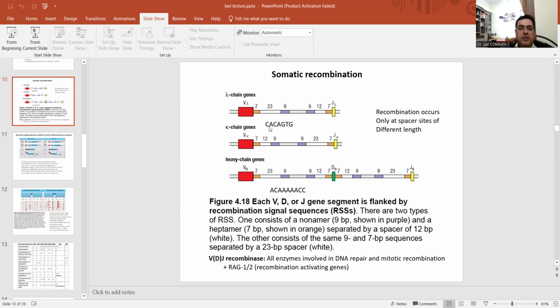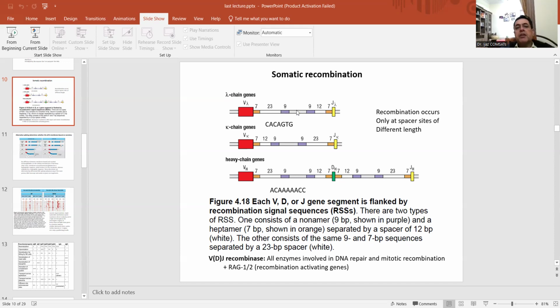What do the recombinase enzymes, the VDJ recombinases, actually do? They just cut and paste these gene segments at various locations and join them together.